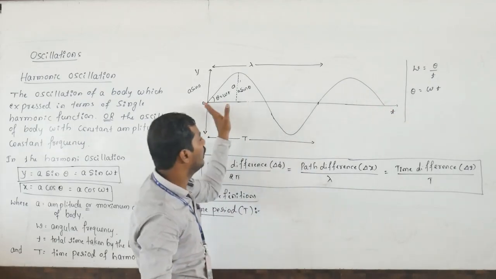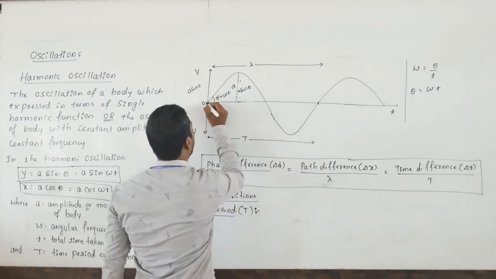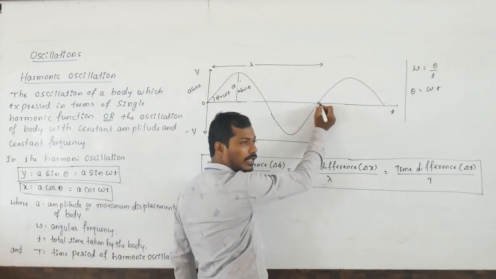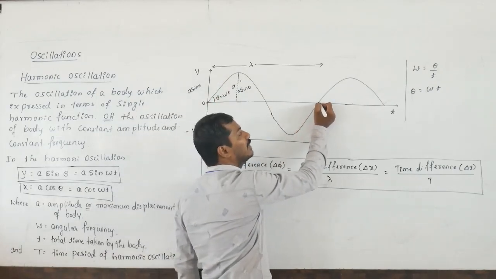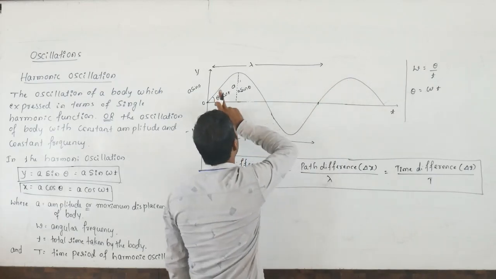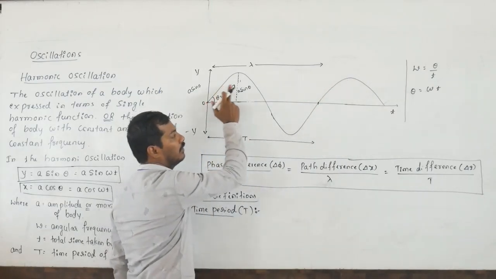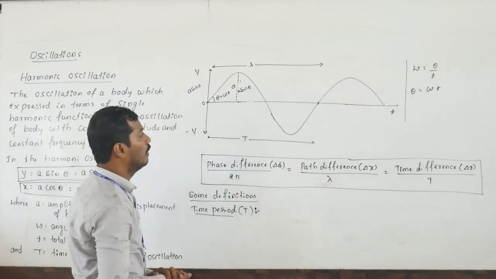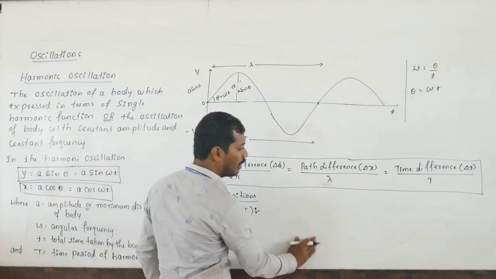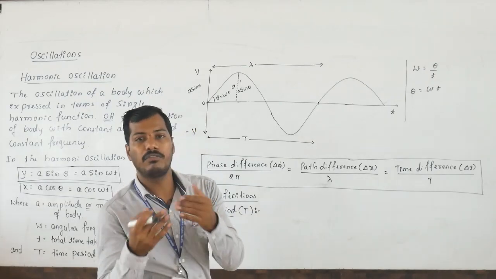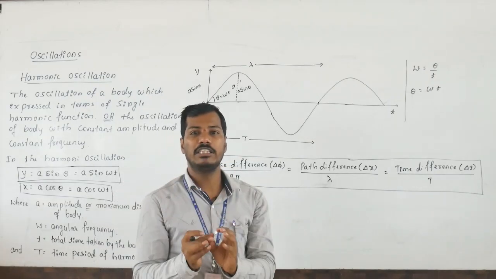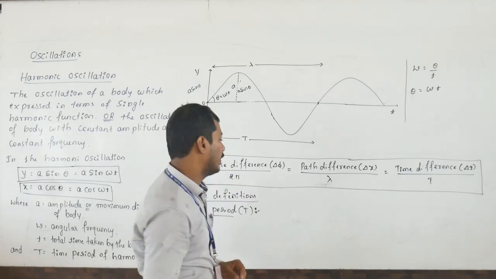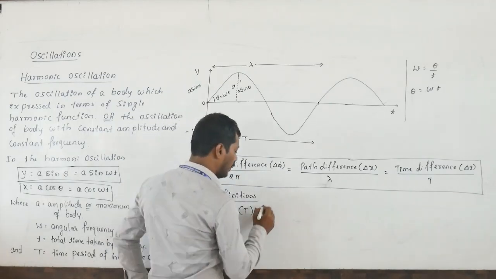If it starts from here and again reaches the mean position, one revolution is completed. After that it starts to repeat. It means crest, trough, again crest, repeating. The time interval after which the oscillation of a body repeats itself. It is the smallest time interval.